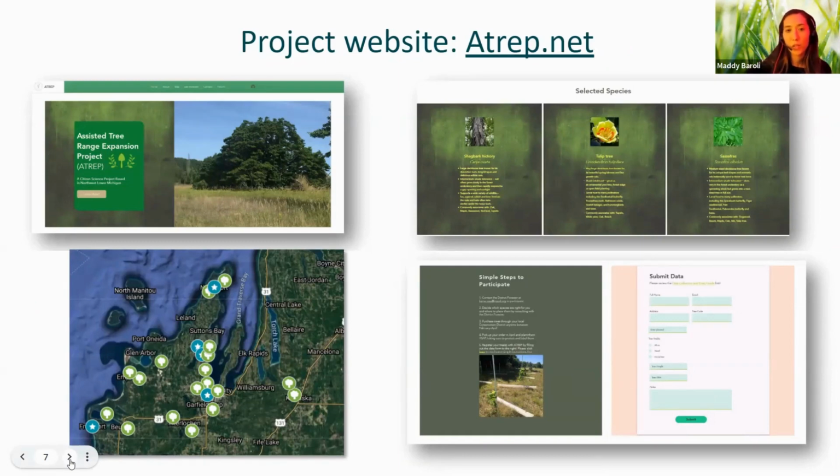And this is also where you can submit your data on the trees. You can do that through this simple form, but we'll also be sharing a way that you can share data with us that bypasses the website, if you just want to share it directly with us via email, or whatever is really simplest for you.